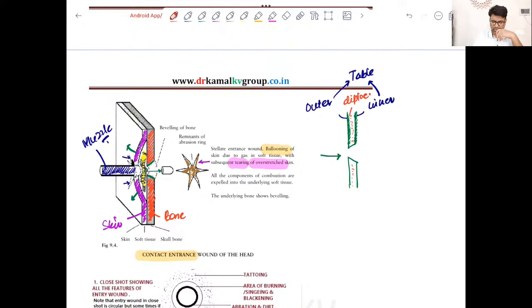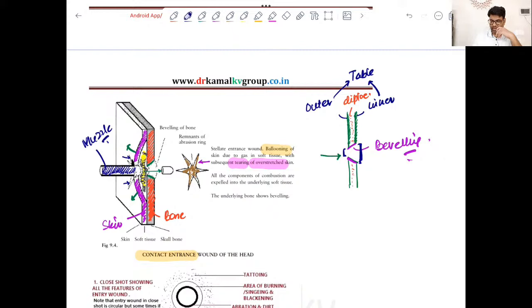There is a slope, so you can see a clear cut slope, and this slope is known as beveling, right? Because of this beveling, if you look at the size, it changes. Here the size is this much only, but over the inner aspect of the entry wound, the size is a lot bigger, right?